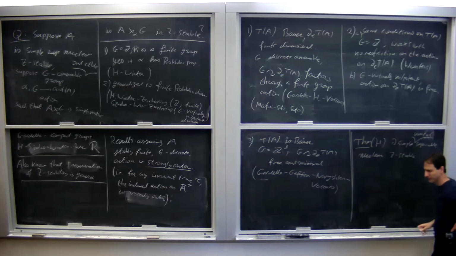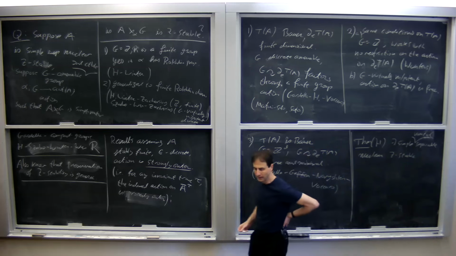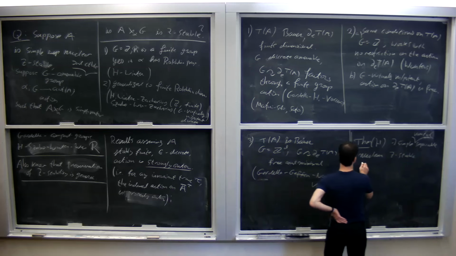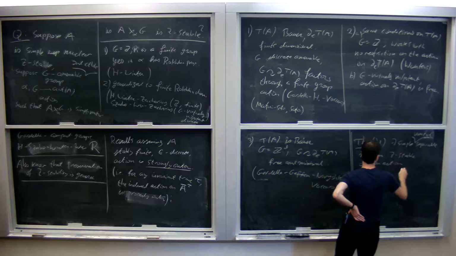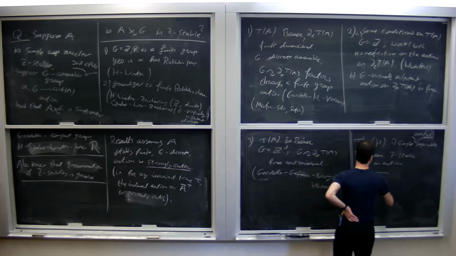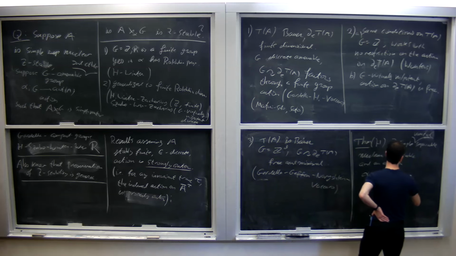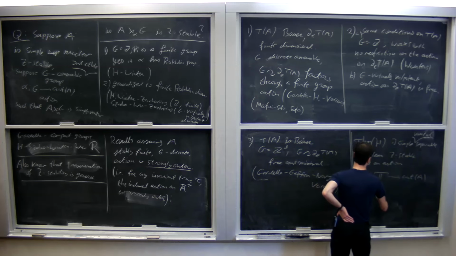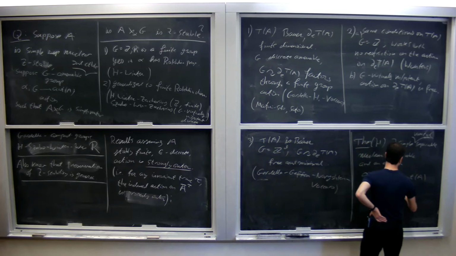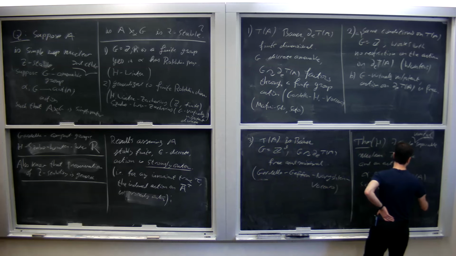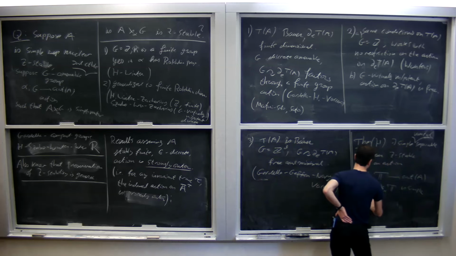Well, it's also UCT, and an action alpha of the circle group such that the cross product is simple but not Z-stable.